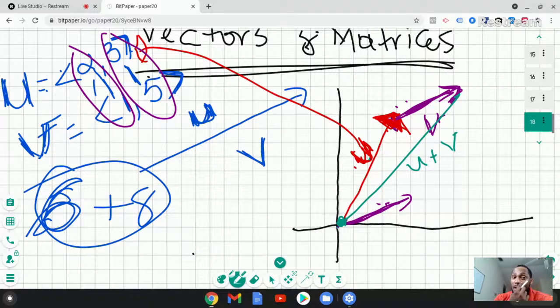Maybe I should have drawn those in proportion to how they look, but I just picked some numbers. I wanted you to really understand where the u plus v is coming from. How did we end up with a vector that's u plus v?